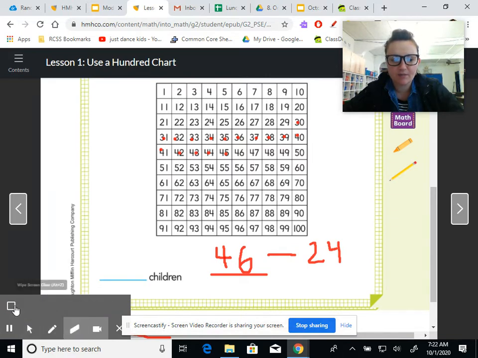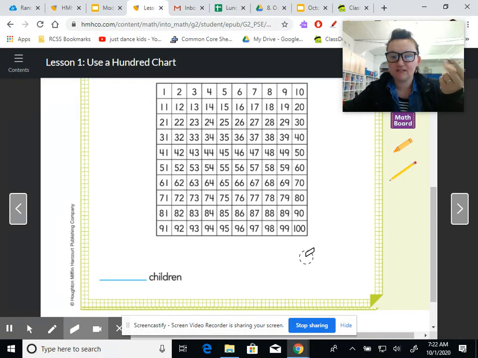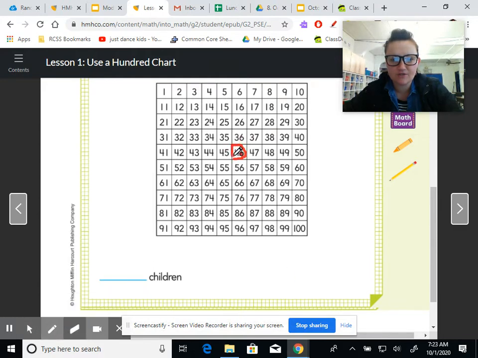So to help make math more efficient or quicker, what you can do is, since we start at 46, right? So I usually have my students circle the number they're starting at. So what I would do is I would count by tens first. So how many tens are in 24? There are 2.